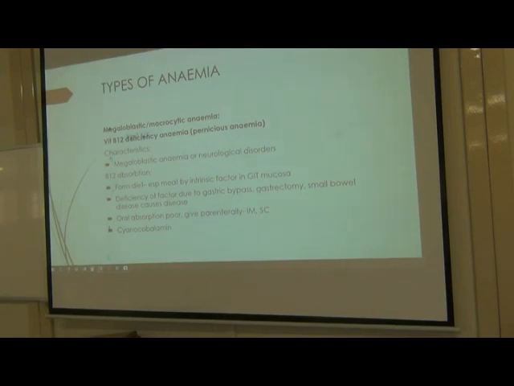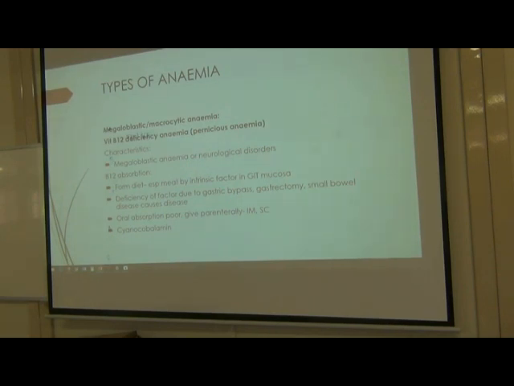So the deficiency of this intrinsic factor, I'm sure you're familiar with intrinsic factors from human biology, your coagulation factors, and all of those things. Do you remember all of those things? We'll still do them soon. So the absence of this intrinsic factor, because that is what helps with the absorption of vitamin B12, will lead to the deficiency of B12 in the body.